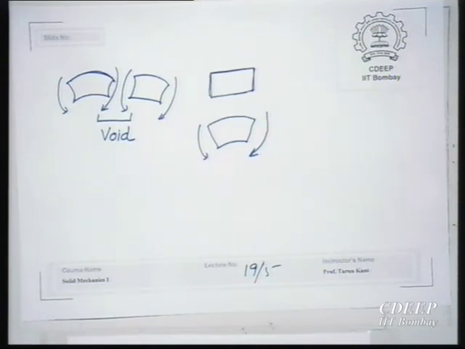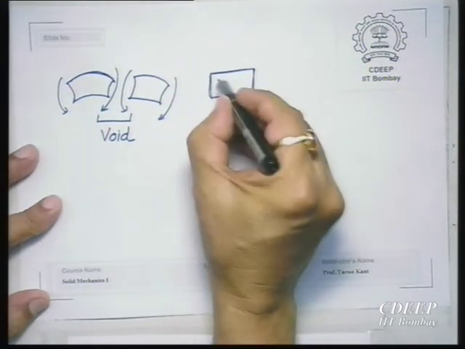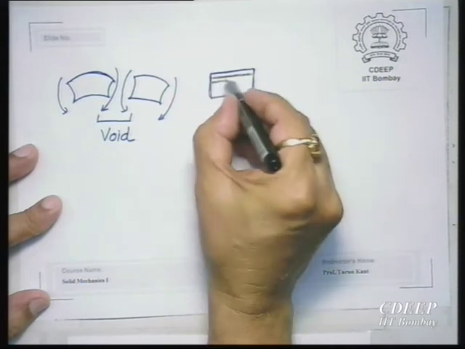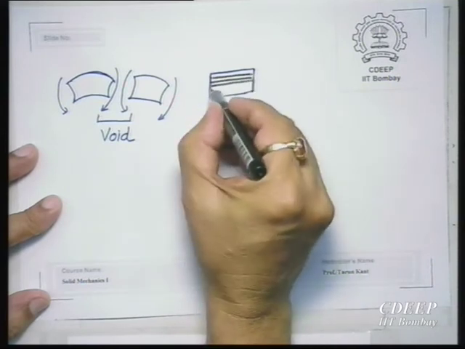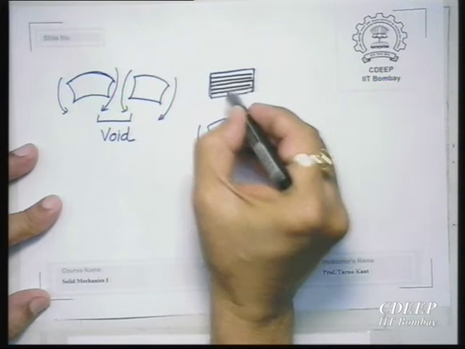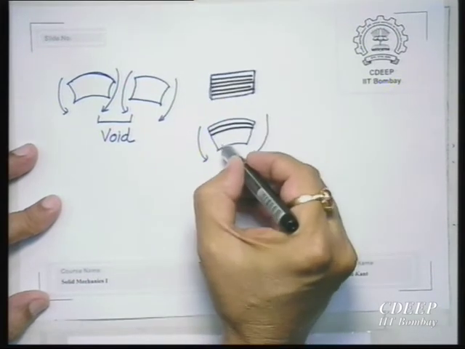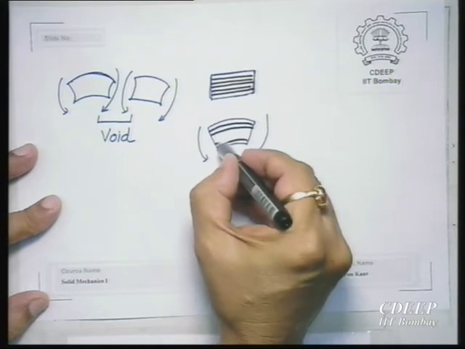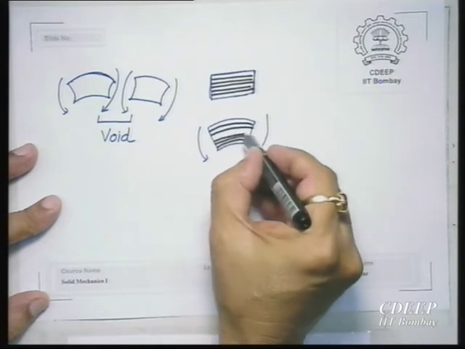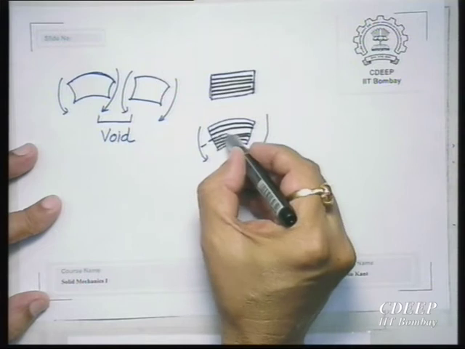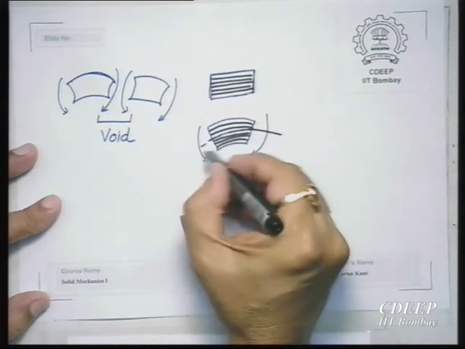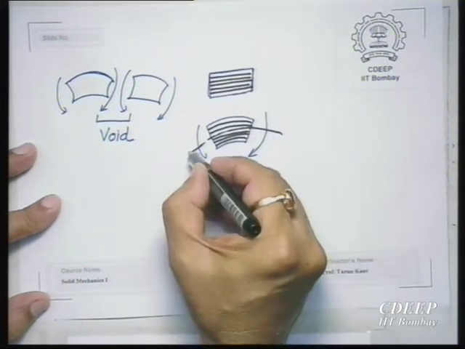Yes, it bends like this, and all these longitudinal fibers which are there, some fibers will get extended, some will get contracted, and there will be one fiber somewhere that will neither get contracted nor extended.